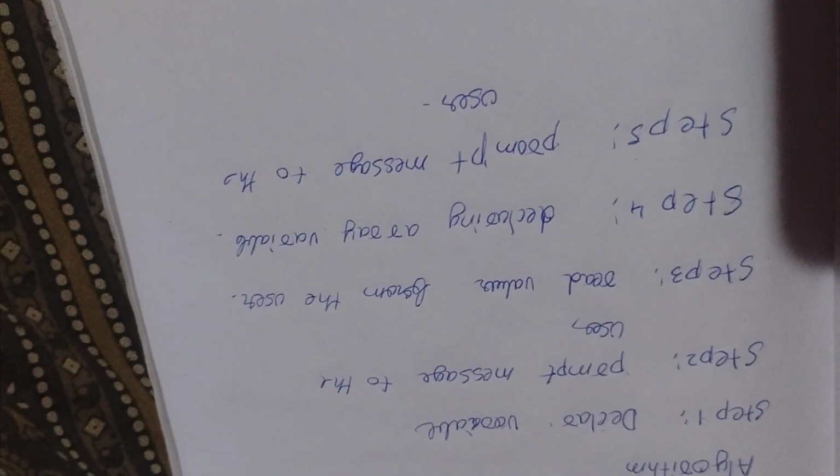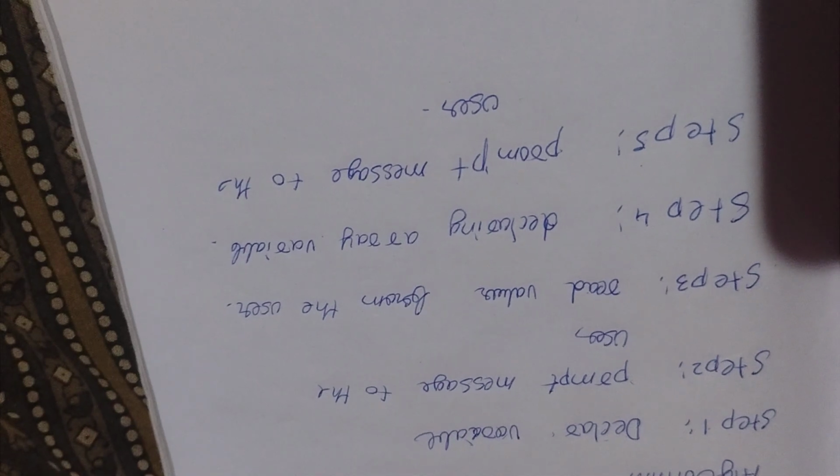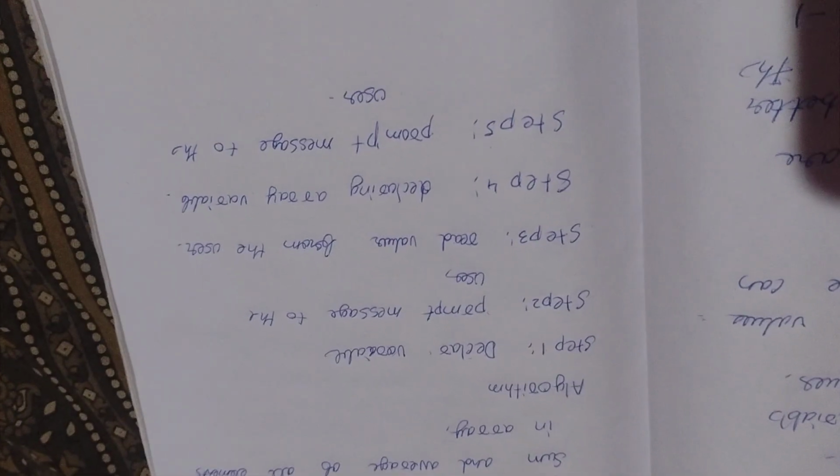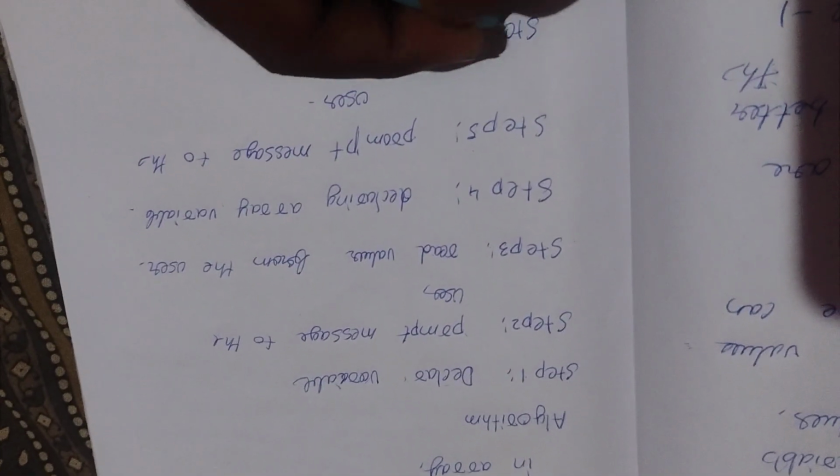The message I am going to prompt is, please enter the elements to store in the array. So what are the elements the user wants to store in the array? I am going to prompt this to the user.